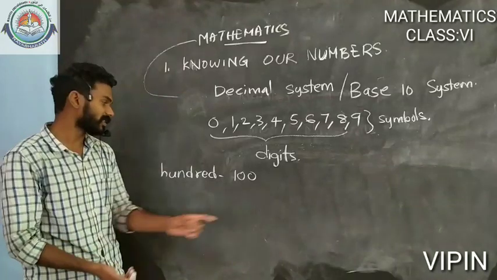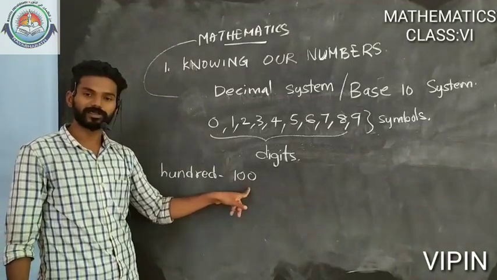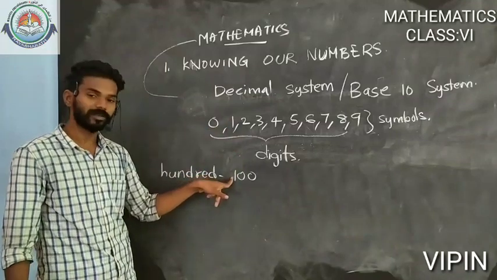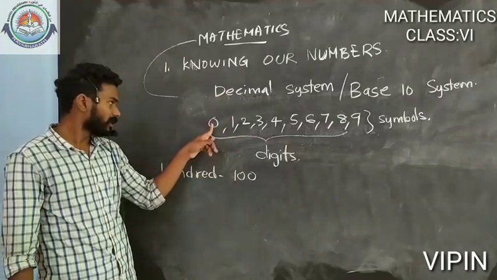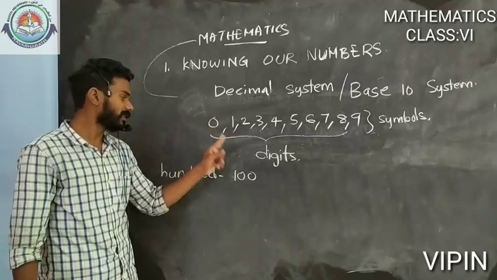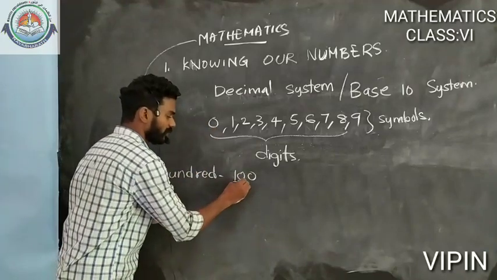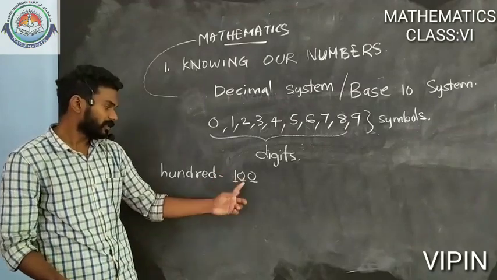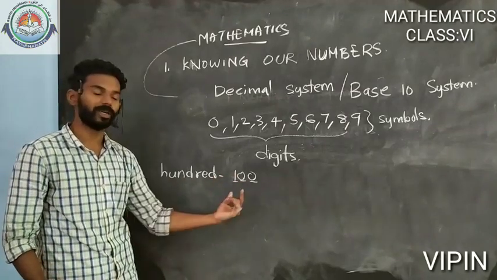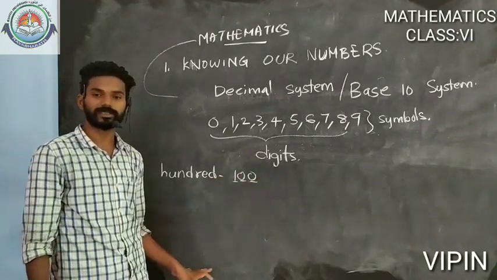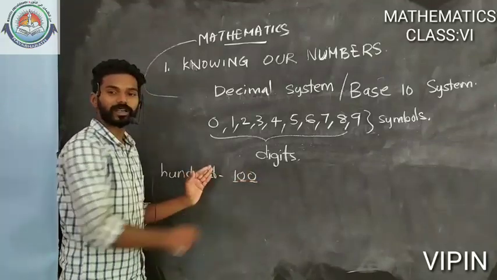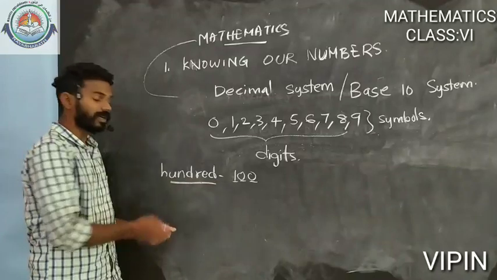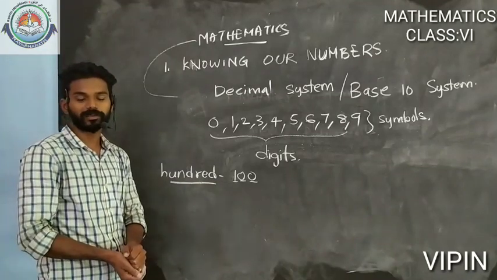There is a digit 1, thereafter the digit 0, again the digit 0. 1, 0, 0. So the 1, the 0 and the next 0, everyone are digits. And those digits are arranged so that a number called 100 is obtained.